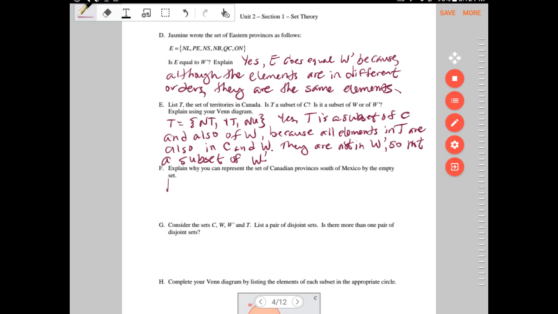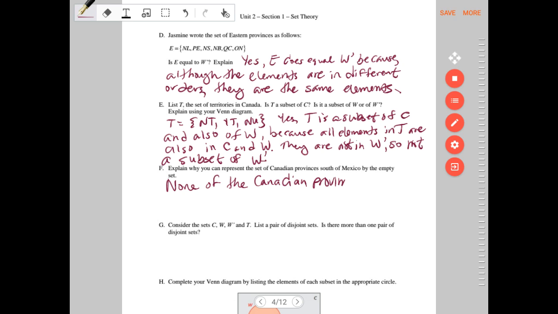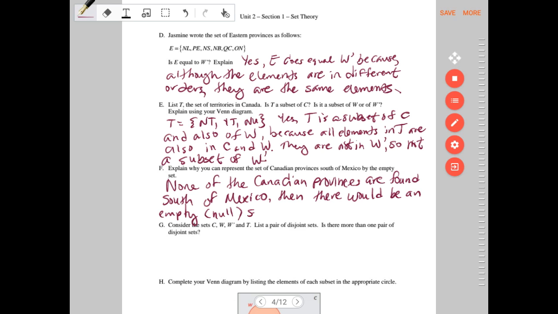Well, because none of the Canadian provinces are found south of Mexico, then there would be an empty, also known as the null set, to represent it. Okay.